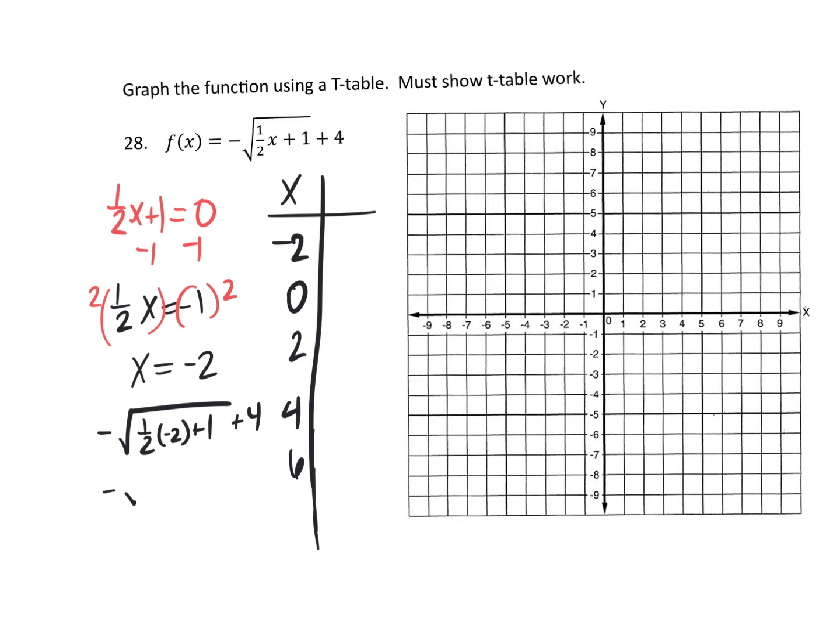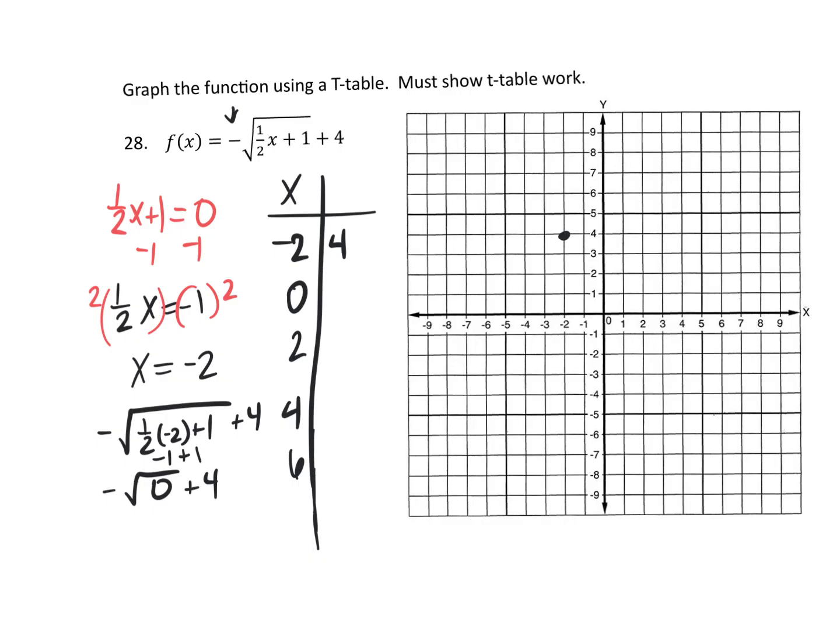And so that's negative the square root of negative 1 plus 1 is 0. Plus 4, so negative 2, 4. That's going to be that starting point. And this is a reflection, so it's going to go down from there.